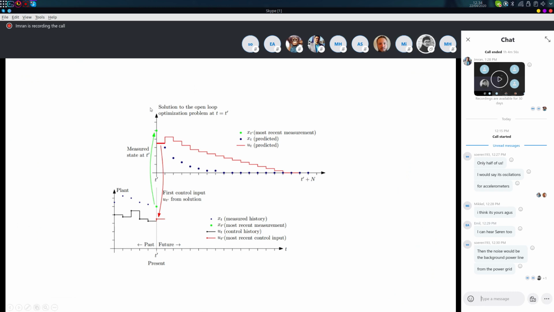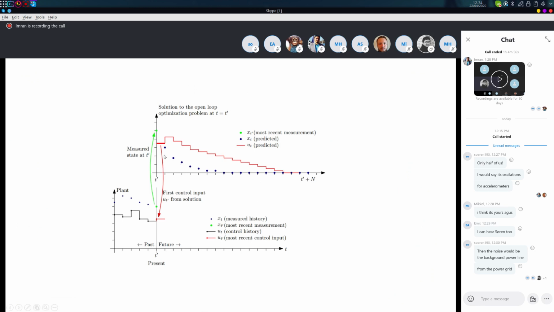Last week we only solved one block, this one, at time t, but we didn't put the control signal back into the system. This is open loop.